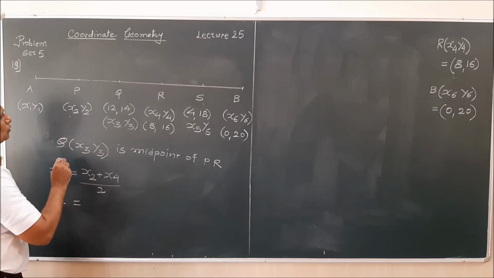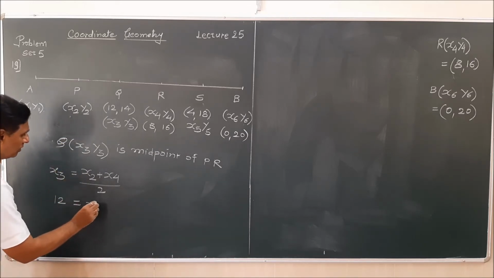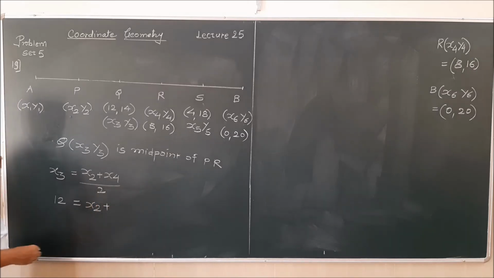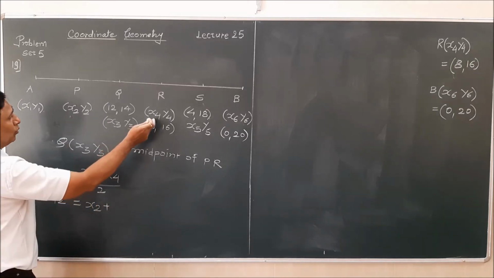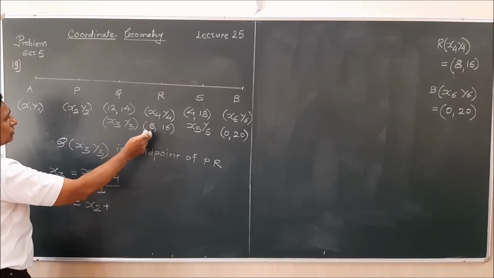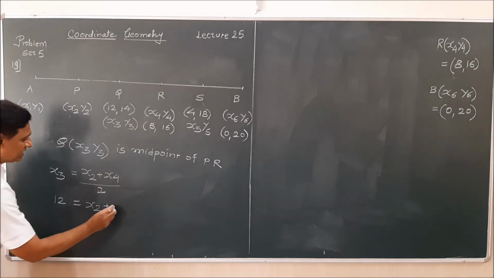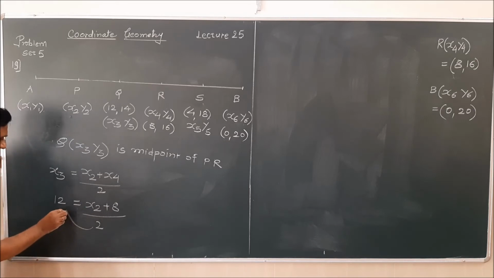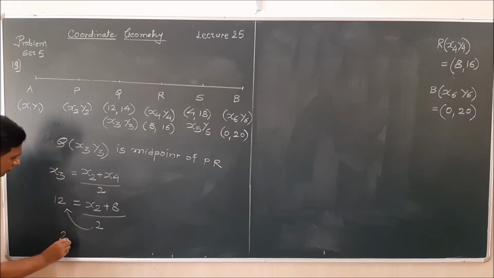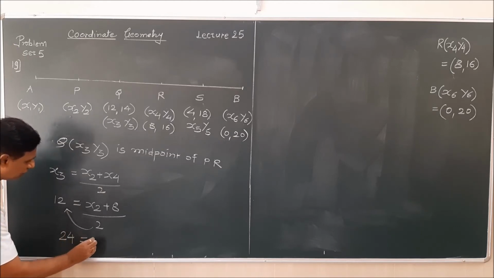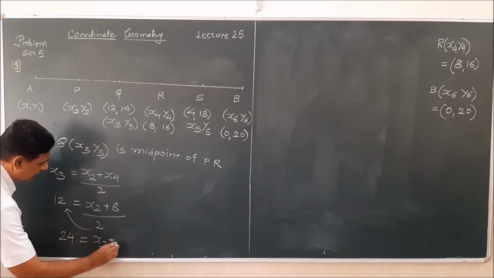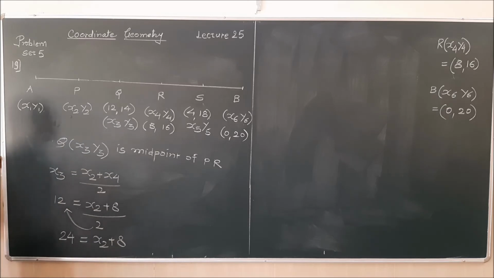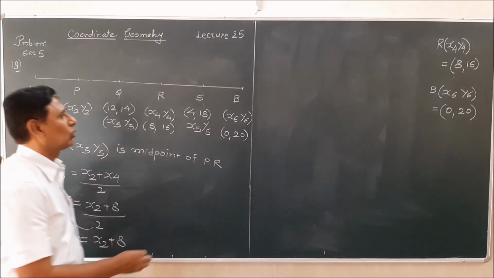What is x2? We don't know. x4 is known to us, x4 is 8. So 12 twos are 24 is equal to x2 plus 8.